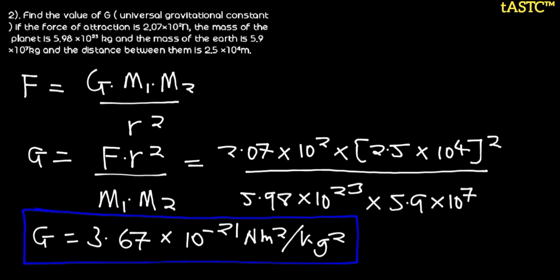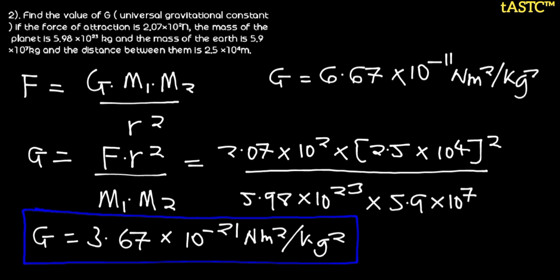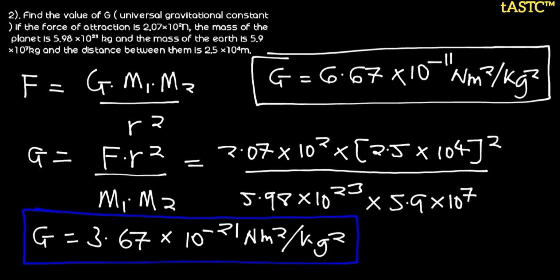Depending on the force you are given, you would calculate it and find out the original value, but the correct value for G should always be 6.67 multiplied by 10 raised to the power of negative 11, in Newton meters squared per kilogram squared. This is always got to be the value for the gravitational constant within gravitational calculations, so just bear that at the back of your mind.